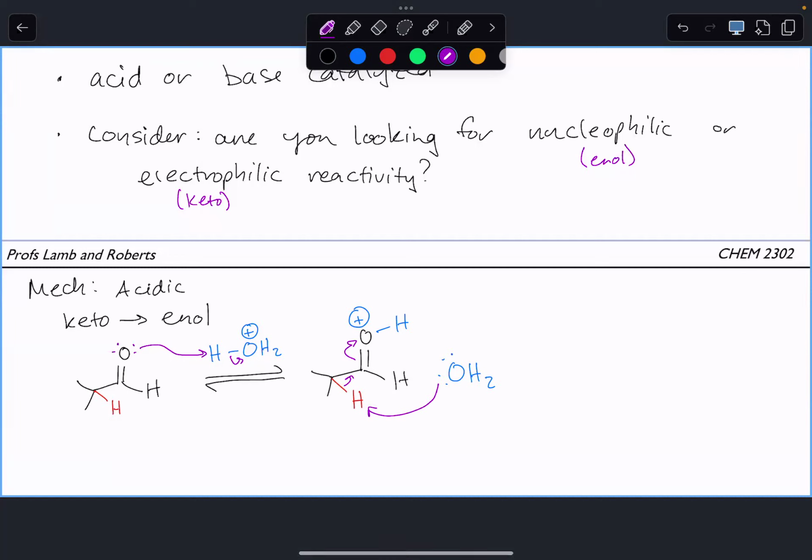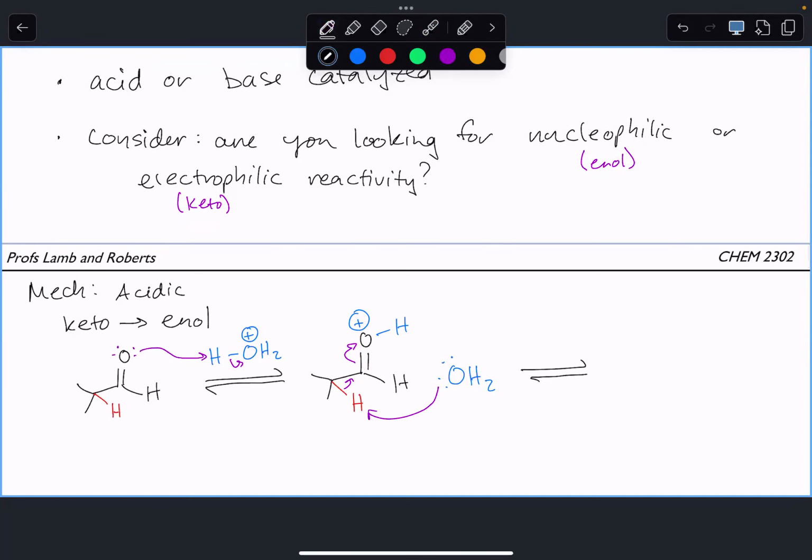We push that electron density into that carbon-carbon bond to form our alkene, and then we break the carbon-oxygen double bond to quench the positive charge. So now we have a carbon-carbon double bond, we have our OH, and we regenerated our acid catalyst.